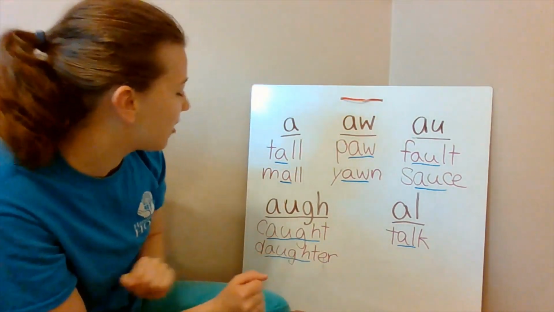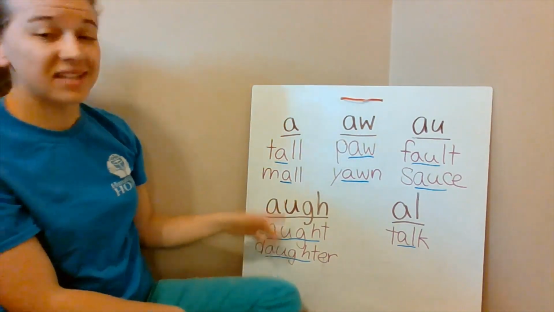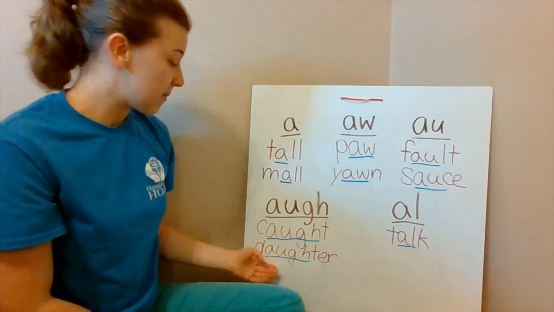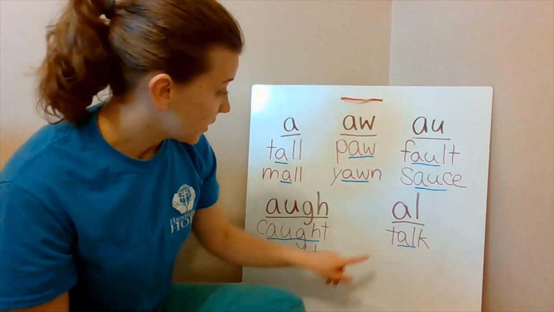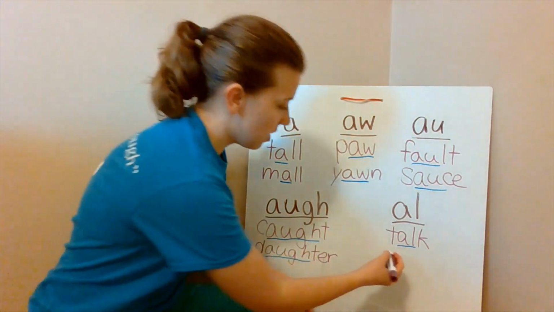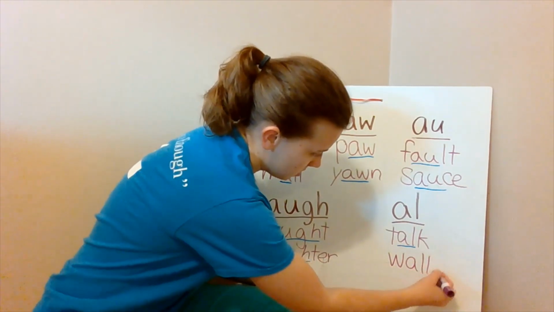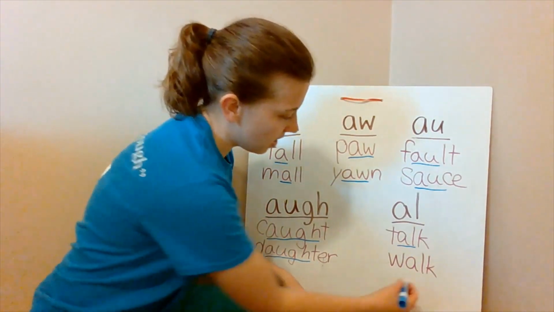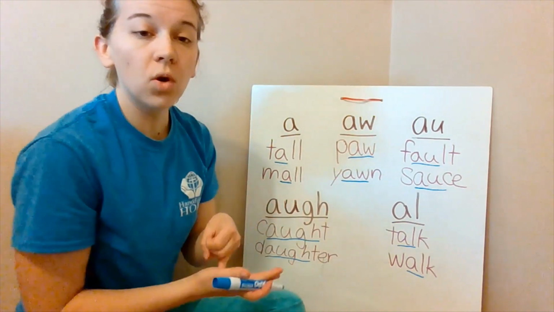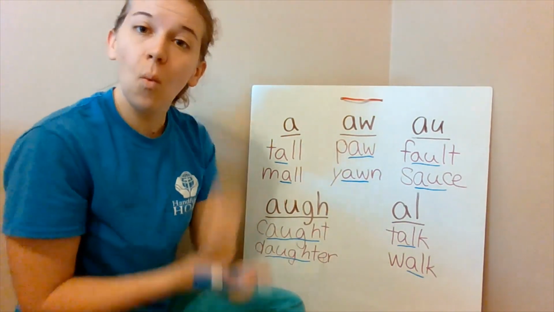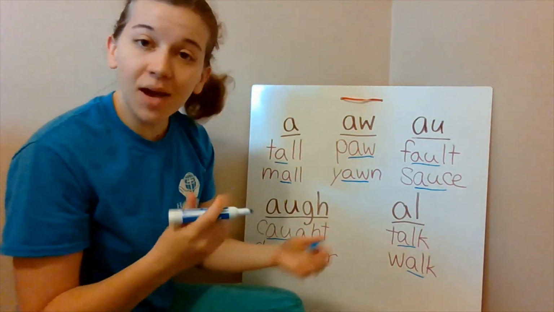Woo! So daughter. Daughter. Very good. So that has A-U-G-H in it as well. But the A-U-G-H says aw. All right, and then one more over here for A-L. Here we go. So A-L says aw. W-aw-k. Walk. Walk. Good job, boys and girls.